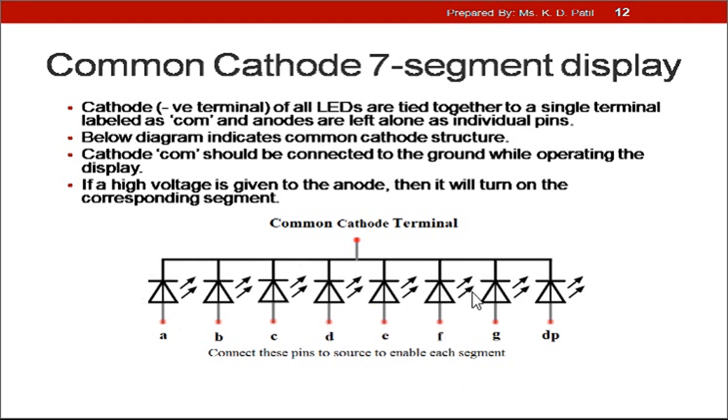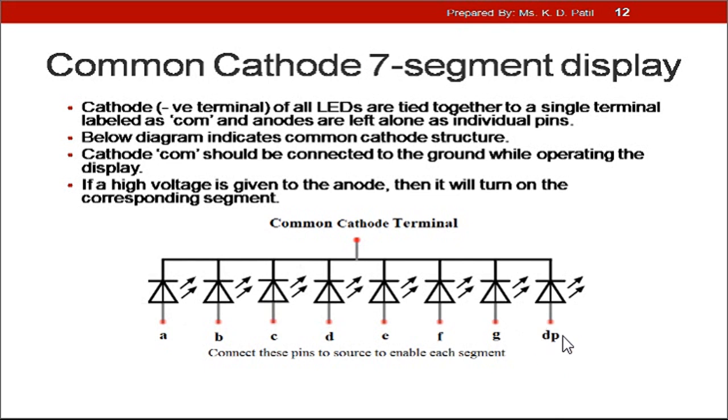These segments are LEDs in fact. So at A, B, C, D, E, F, the anodes should be given a high voltage and the corresponding LEDs will glow and 0 will be displayed on the 7-segment display.